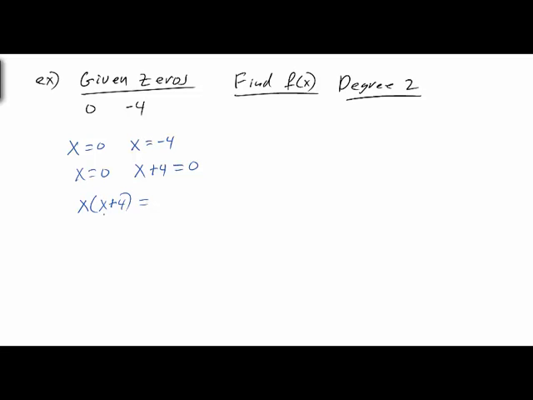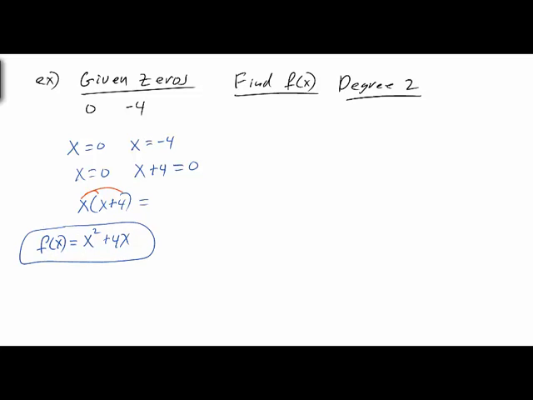And now we're going to multiply these out. We distribute the x. x times x becomes x squared, and x times 4 becomes 4x. And there we have our function with a degree of 2 that will have the zeros of 0 and negative 4. So there's your function.